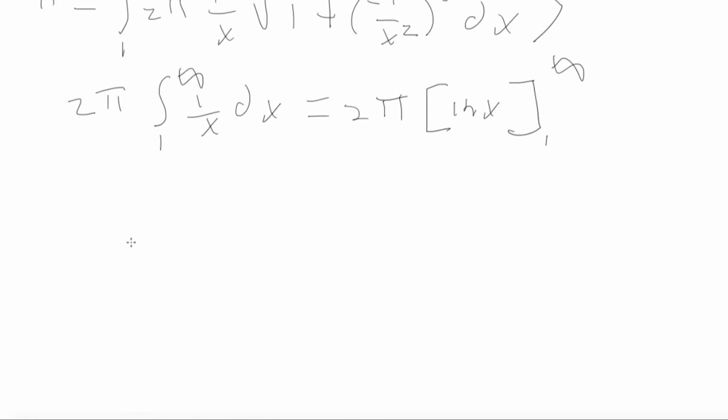That's going to be equal to 2 pi times natural log of infinity, minus natural log of 1. The natural log of infinity is just going to be infinity. So since this is infinity, and natural log of 1 is just 0, this whole thing is just going to be infinity.